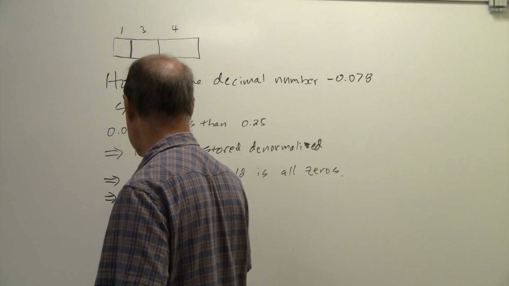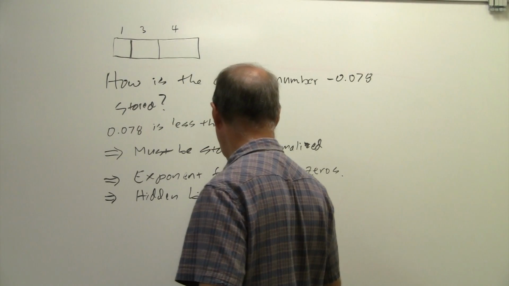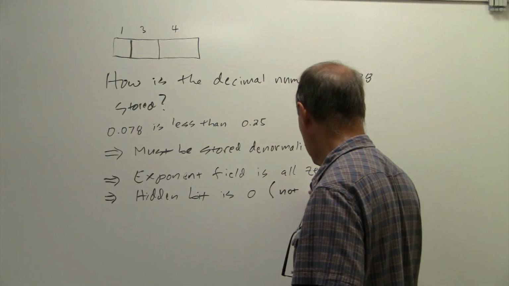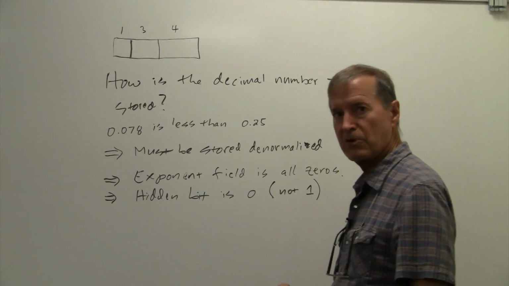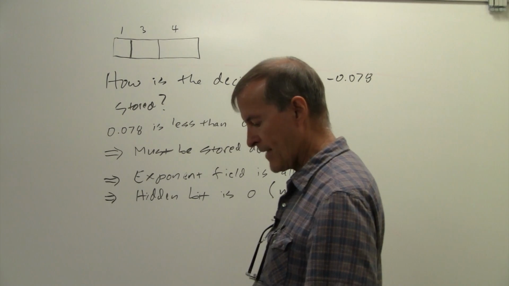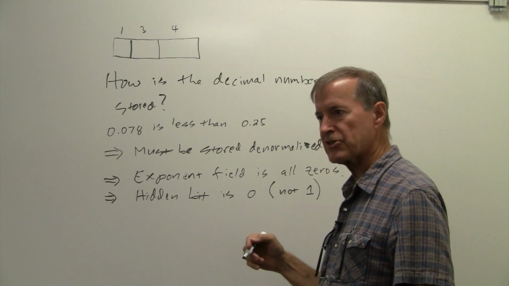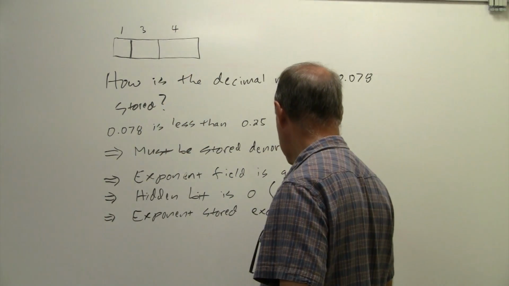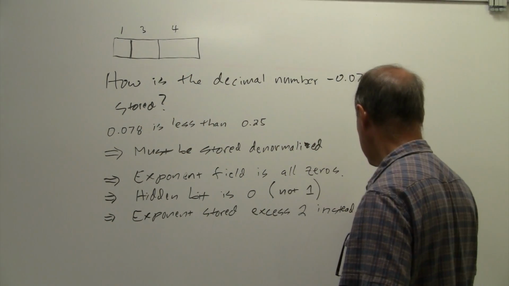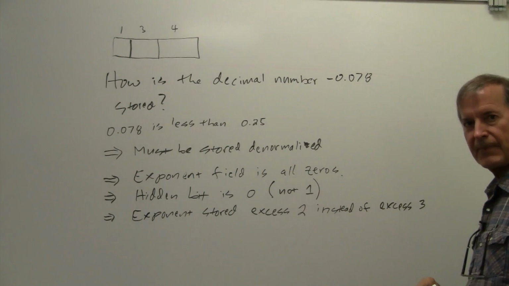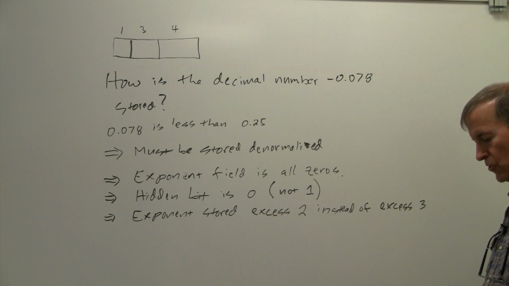So this implies that the hidden bit is 0, and we'll put parentheses here, not 1, which it would be if it were normalized. And that means that the exponent is stored in excess 2 instead of excess 3. Those are the rules that apply for denormalized numbers.